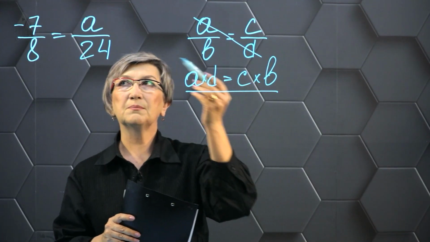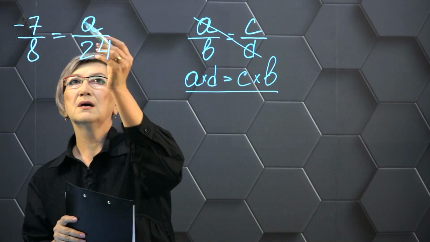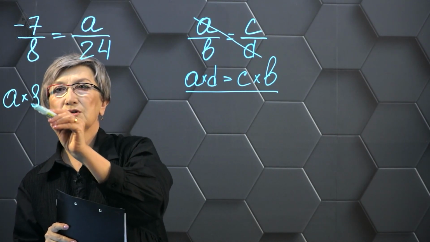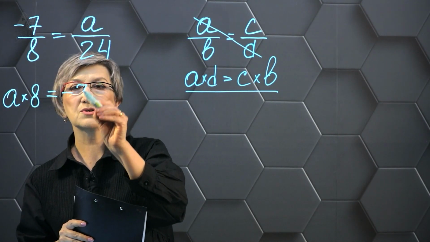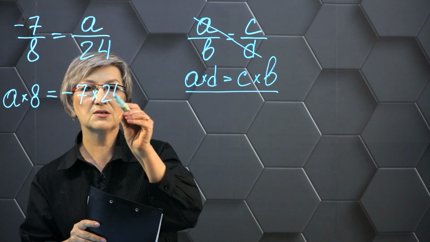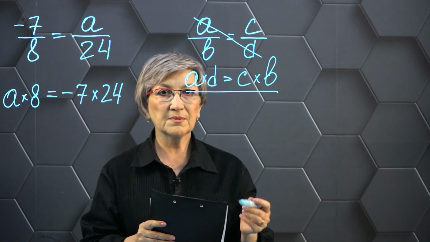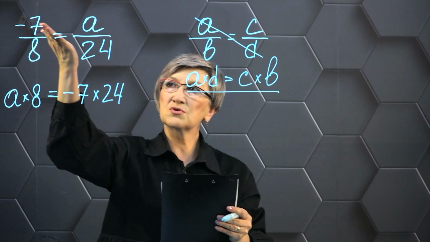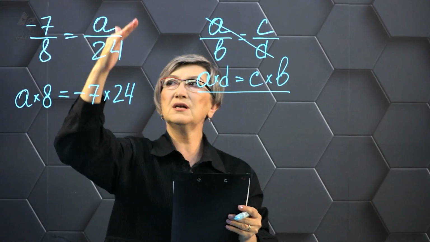Applying this rule, we get a times 8 equals minus 7 times 24. You probably noticed that I didn't first write down minus 7 times 24 equals a times 8.